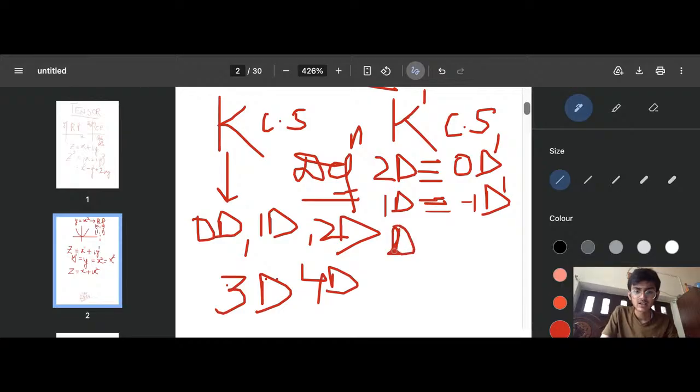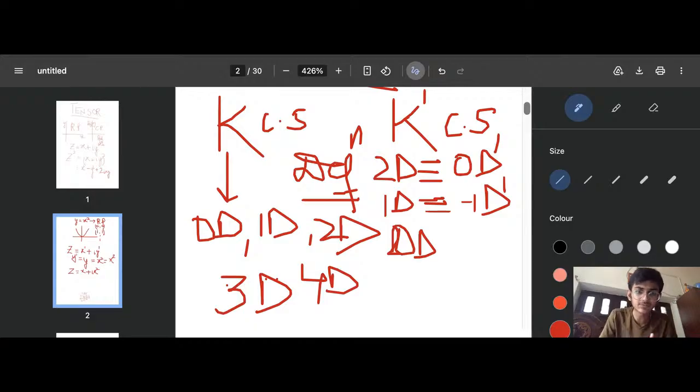Because whatever coordinate system we are discussing, you will start from 0 dimension and go up to whatever you want, 5D, 6D, 7D, but we are discussing 0D, 1D, 2D, 3D, 4D. Okay, 5 dimensions, from 0 to 4. We are giving the definition because in our original system we know up to 0D.